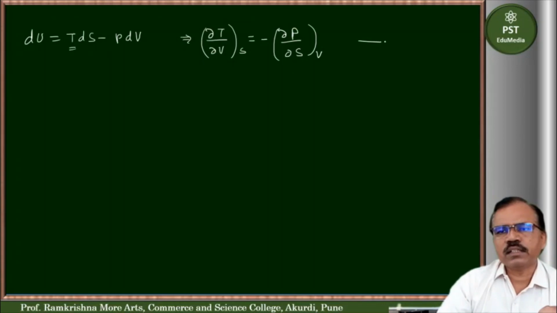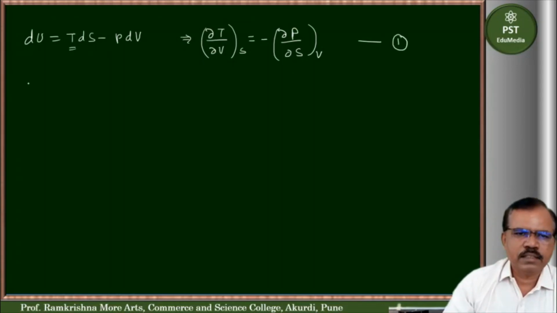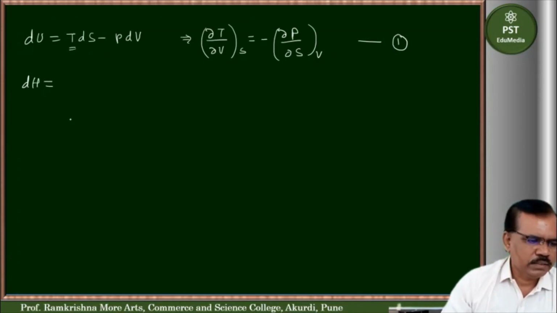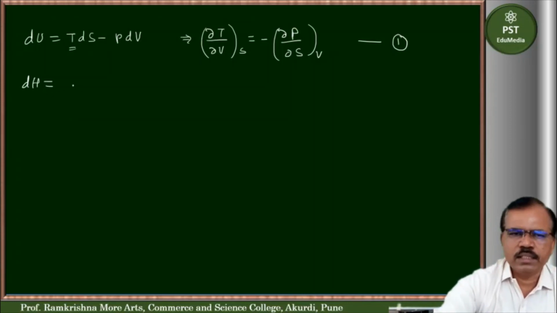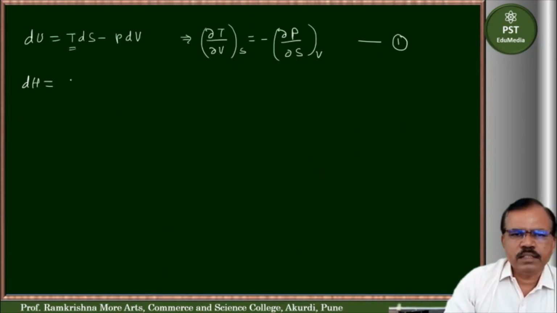This is the first equation. Now if we take the second, change in enthalpy, we have seen dH is equal to TdS plus VdP.